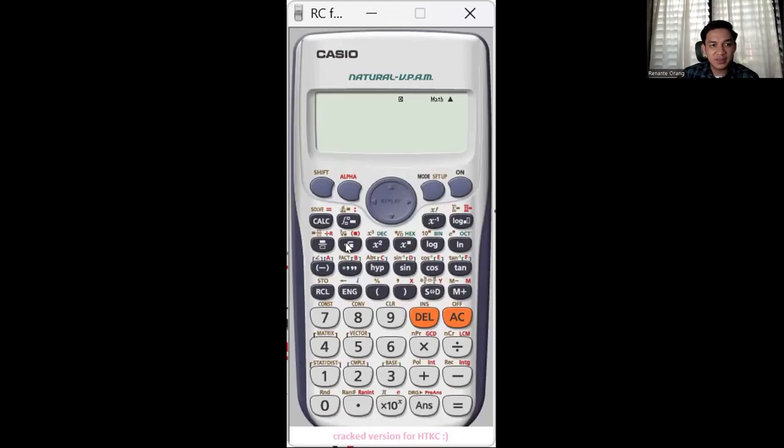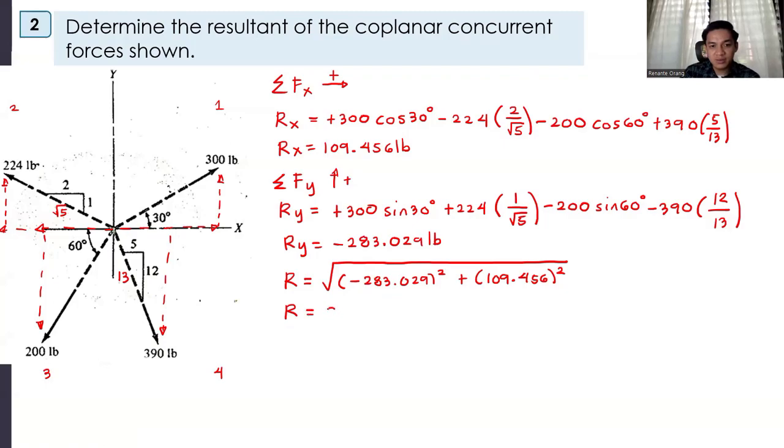Input natin, that is the square root of negative 283.029 squared plus 109.456 squared. That is equivalent to 303.457 pounds. Resultant is equivalent to 303.457 pounds. Final answer.